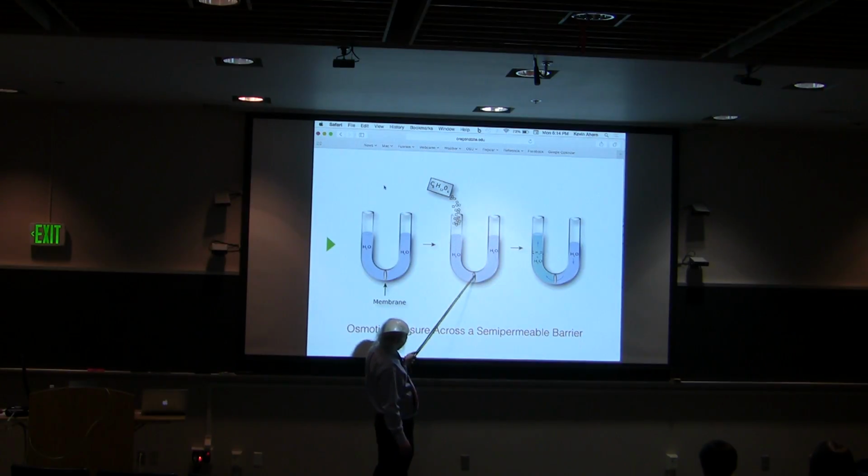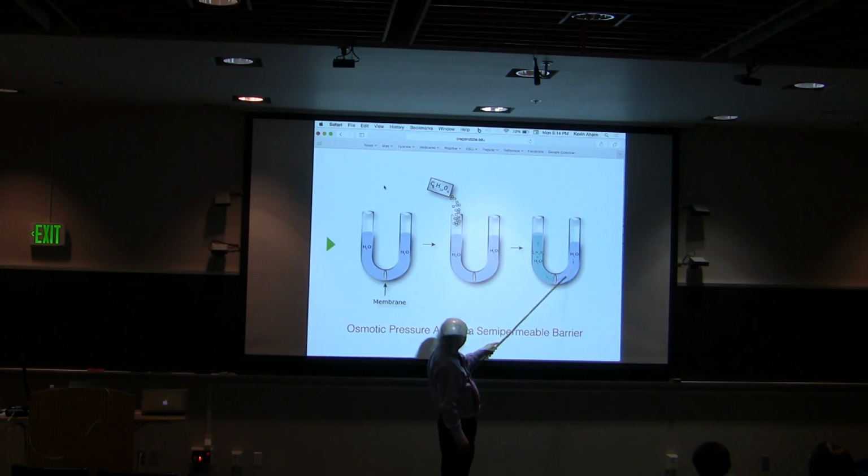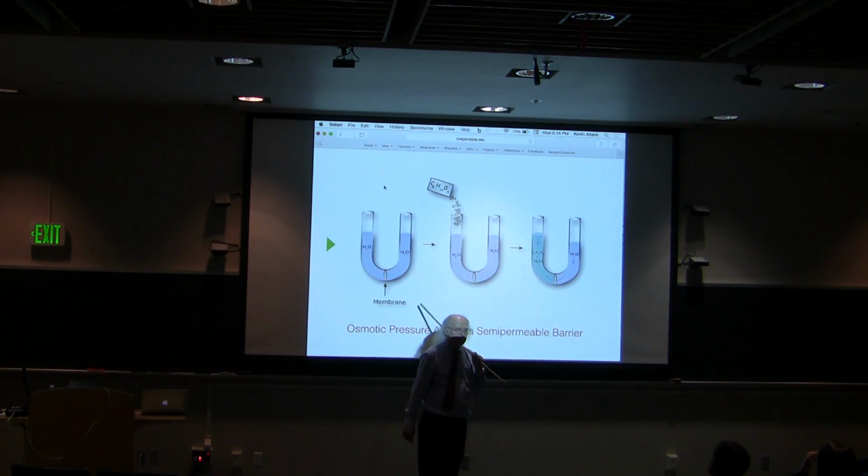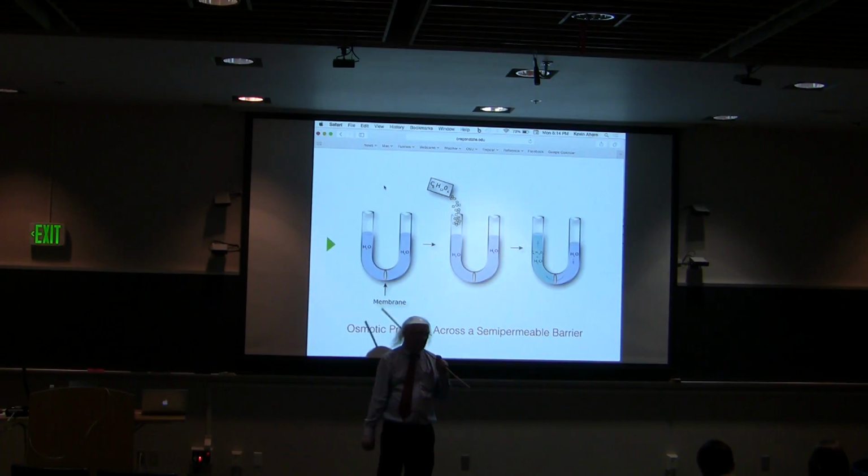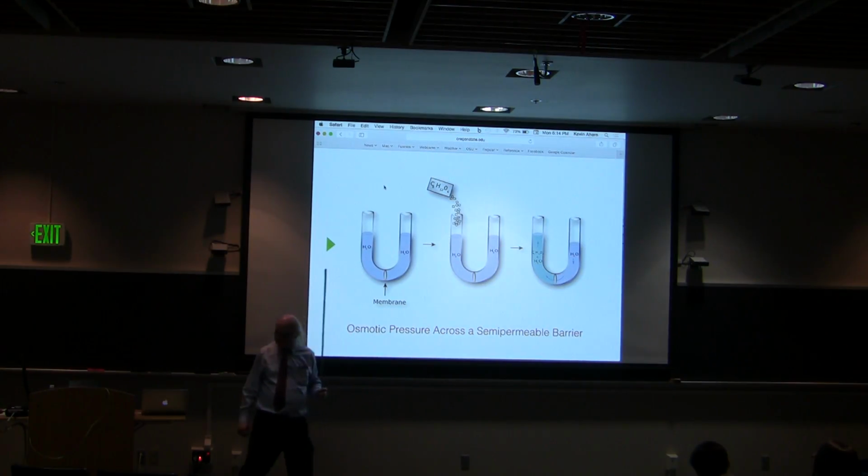But when I add sugar to it, which can't go through the membrane, now the concentration of sugar is higher over here than over here. Water diffuses through here to try to equalize that pressure. It gets to a point where it's harder and harder to push. It reaches a point at which it stops. But now because this is higher than this one is, this one's pushing down. There's actually a pressure applied to that. And it's the measurement of that pressure that gives us an estimate of the osmotic pressure. That's where osmotic pressure actually comes from.